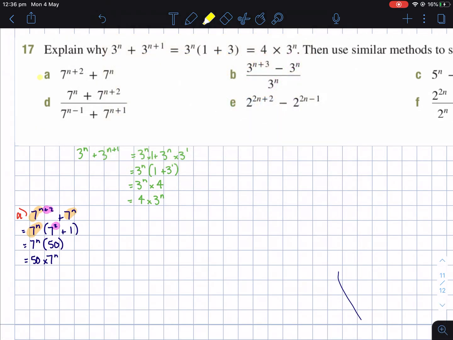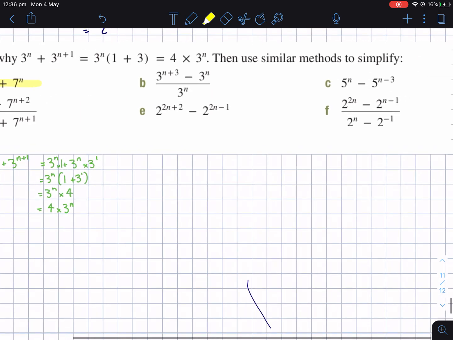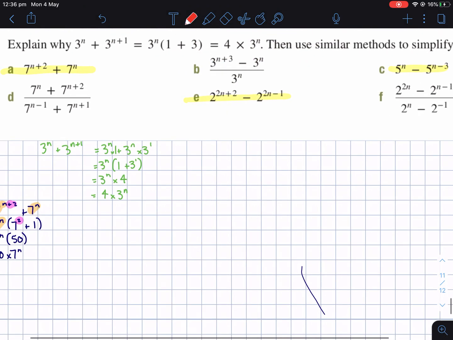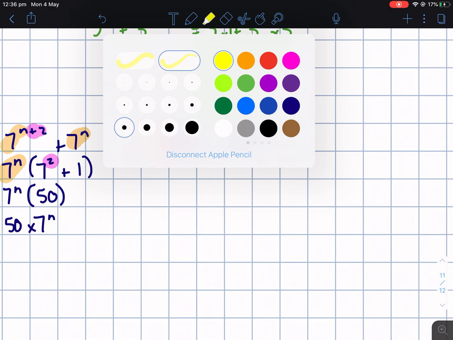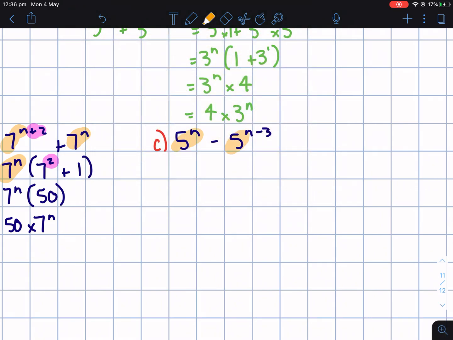Okay, I'm doing every second one of these. 5 to the n minus 5 to the n take 3. So this time, what we're taking out the front, 5 to the n.